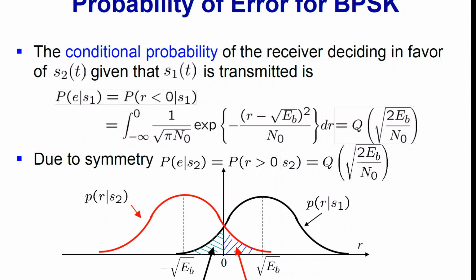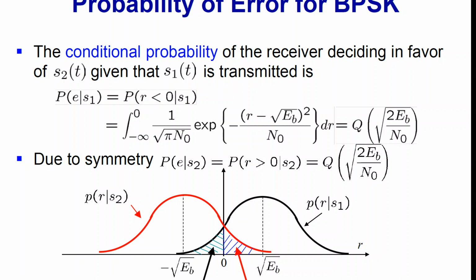That is, if a deterministic signal is added to AWGN noise, then the resultant will have a mean at the signal point, and its distribution is also Gaussian, similar to the distribution of AWGN.